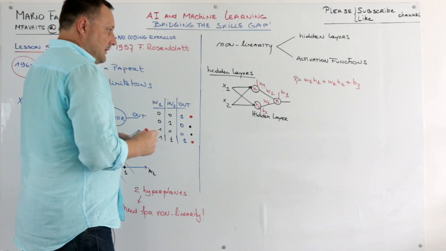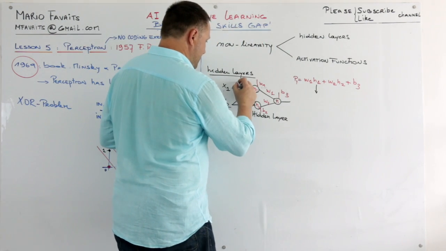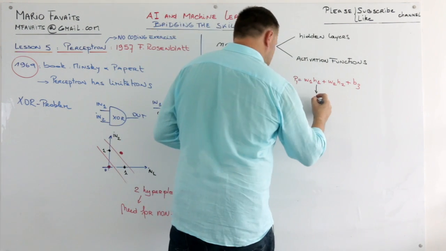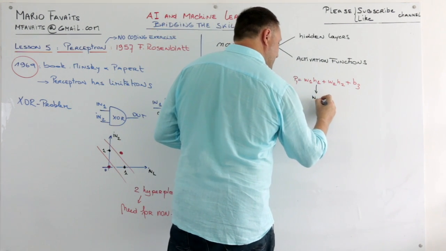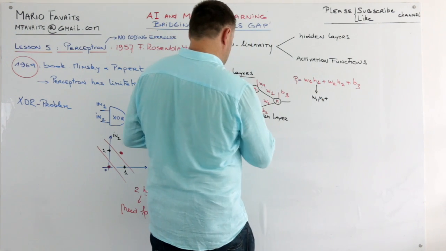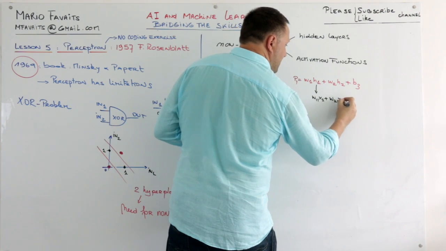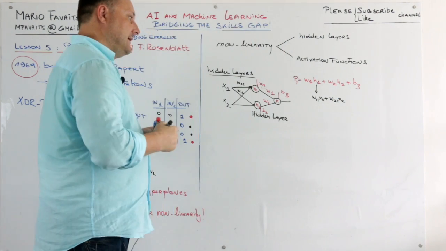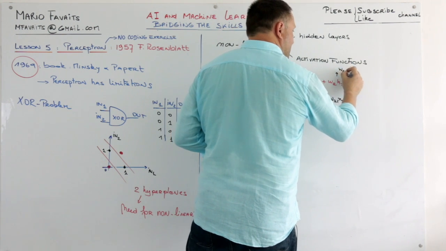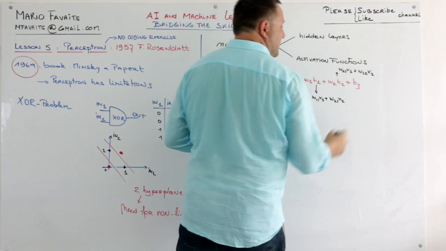And H1 by itself equals W11 X1 plus W21 X2, and the same for H2: H2 is W21 X1 plus W22 X2.